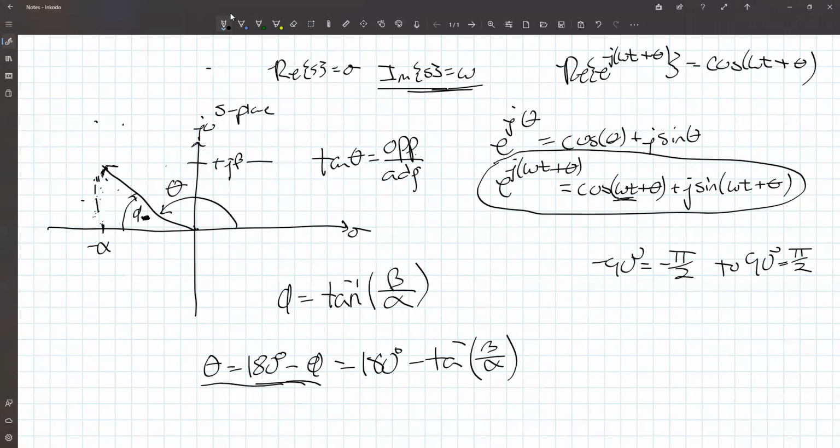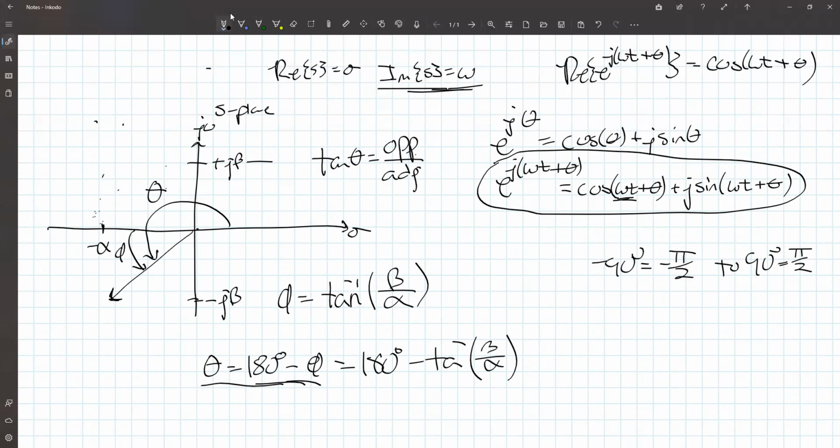And we can do one more thing just to show that it works everywhere. If I come out here, now my angle is theta, and my angle right here is phi, and I am now at, let's call this negative j beta.